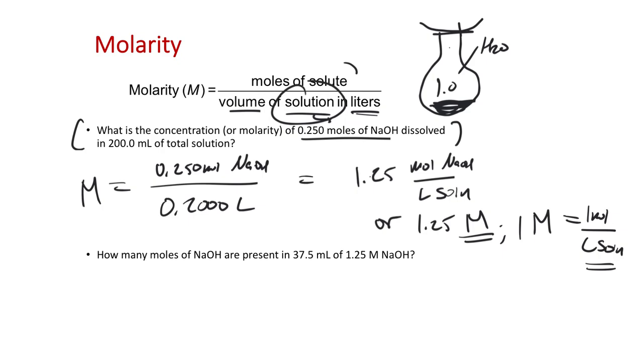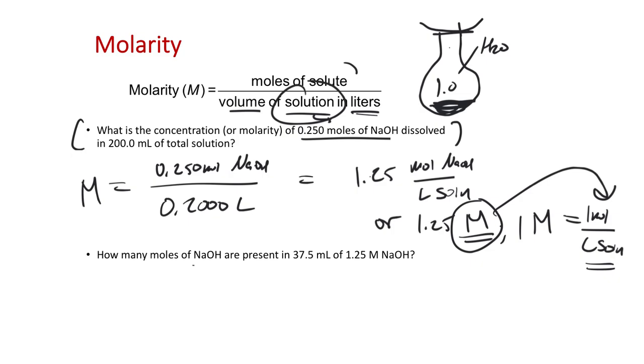So 1.25 capital M is interpreted to be, if it's 1.25 molar sodium hydroxide, it's 1.25 moles of sodium hydroxide per liter of solution. So it's going to be key that we know how to think in moles per liter to help us do problems as we go. A lot of times a problem might say capital M, but it's going to be helpful sometimes that we write out moles per liter explicitly. That'll help us do dimensional analysis and get some of our math straight later.